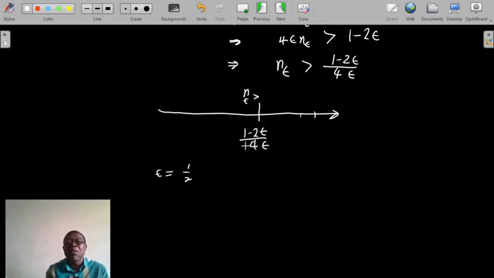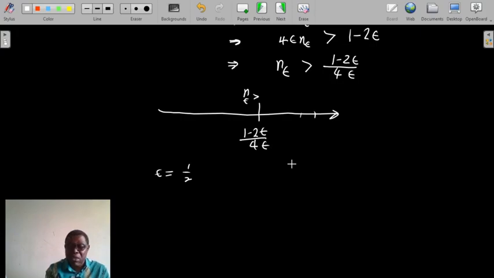And if this is 0, it means that any natural number will work for epsilon equal to half, because for epsilon equal to half, this entity becomes 0, and all the natural numbers are bigger than 0. So how is this 0? Substitute half here. This will give me 1 minus 1 over whatever, and that will give me 0.